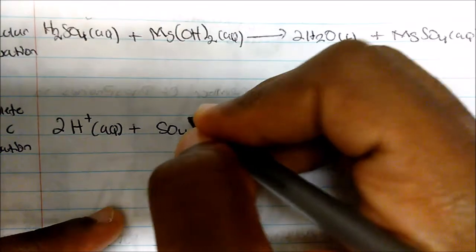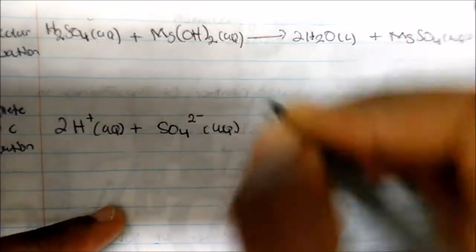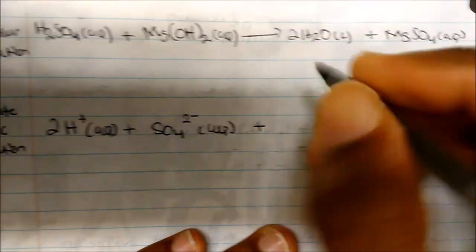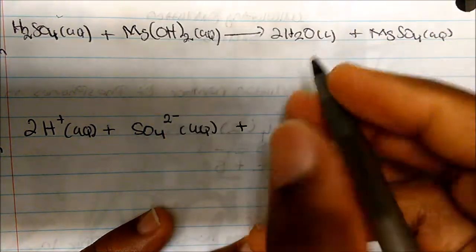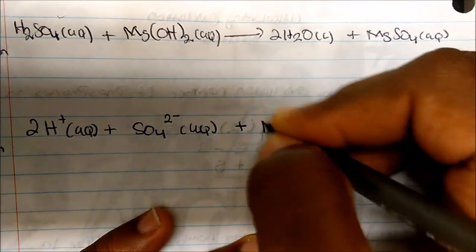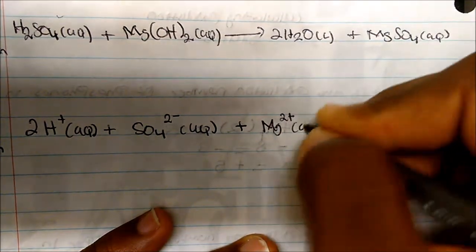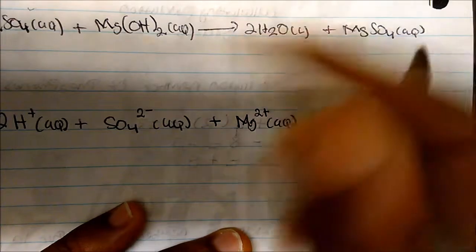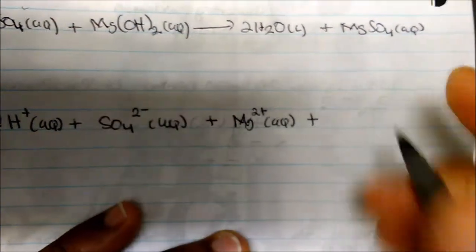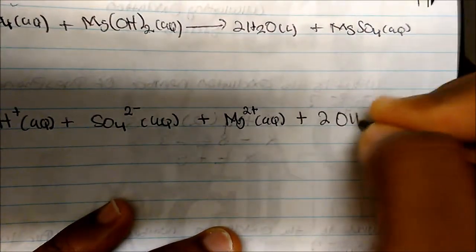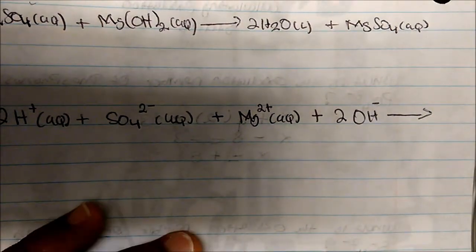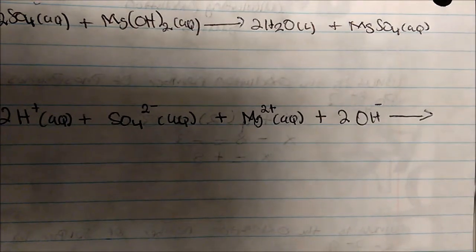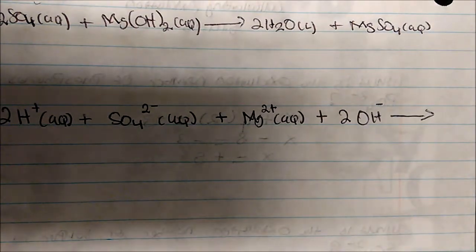So this has to be SO4 2 minus aqueous. Plus magnesium 2 plus aqueous, plus we have 2 moles of hydroxide in solution, so 2 OH minus. Then we simply draw our arrow and go to the other side of the equation.